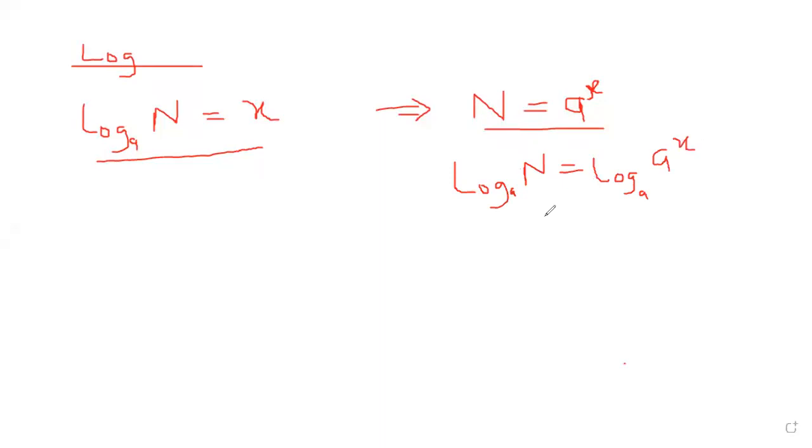Now this will give me log n to the base a, and then this side will be equal to x. Why? Because log of a to the base a is always equal to 1.